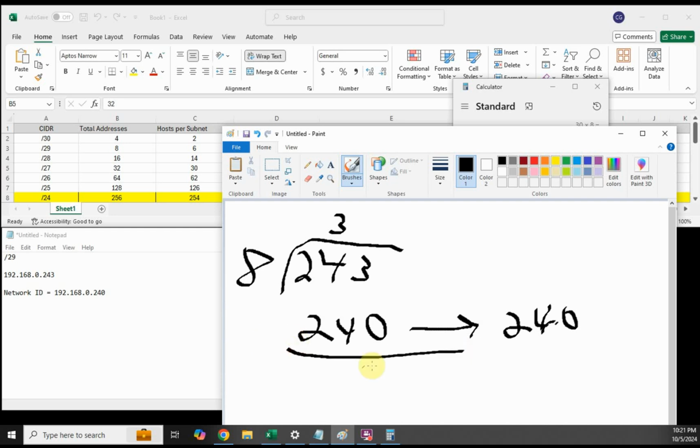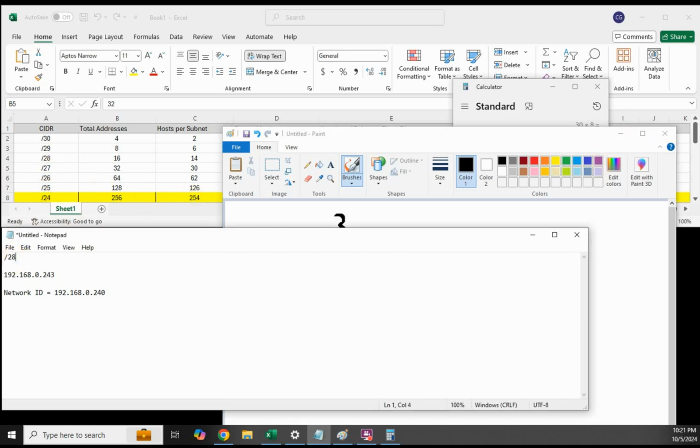Leaves us 3 left over. And since 8 can't go into 3, that's the third IP on the 240 network. We're done. And once you know this, you can look at it and say, okay, so let's make this a /28. What's that going to be now? That's going to be a 232 network.